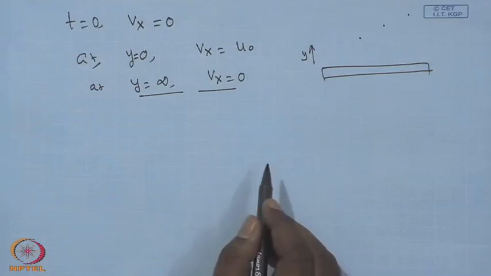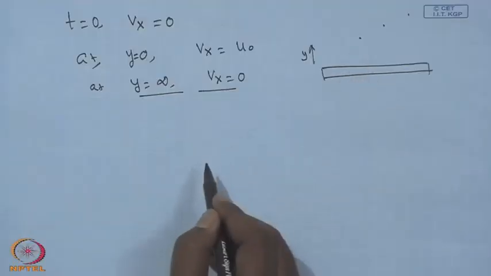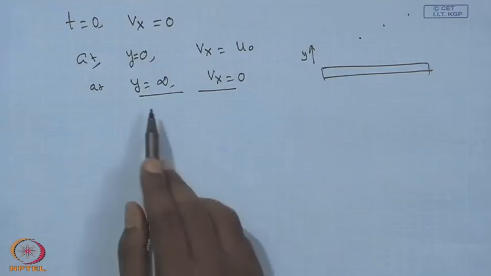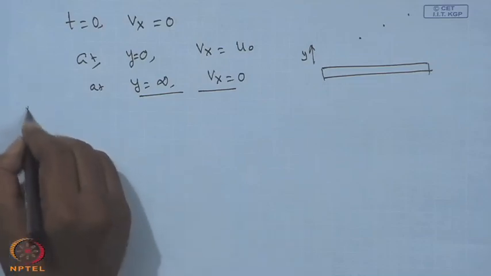So, therefore, the convenient boundary condition for this problem is that at infinite distance in the y direction from the plate, velocity will be equal to 0. So, we put this boundary condition at y is equal to infinity, V x is equal to 0. Now, let us non-dimensionalize this problem.